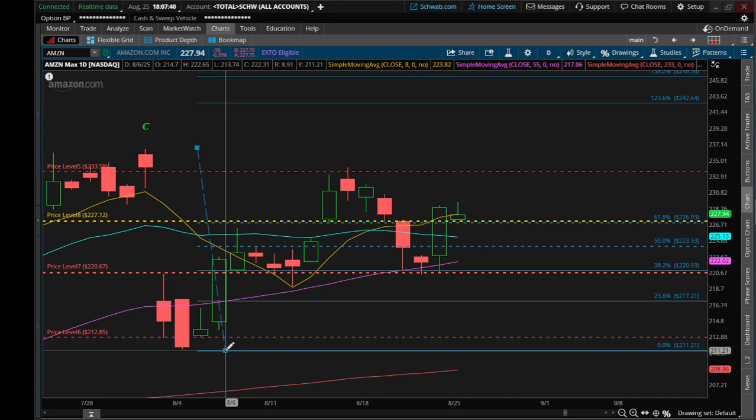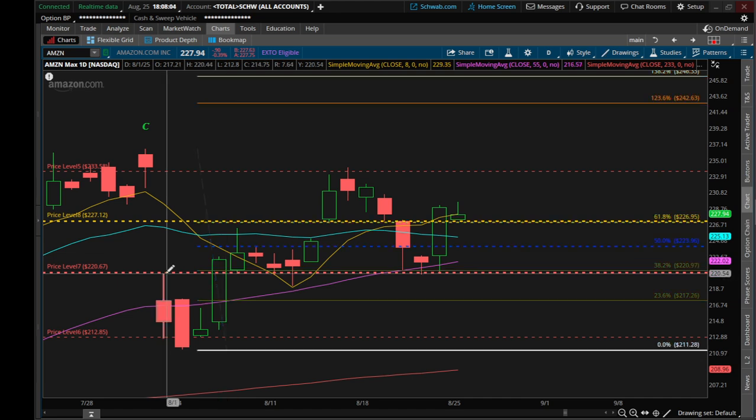If that's the triangle, triangles move in 5 swings. Let's see if we can draw a trend line to help us out.